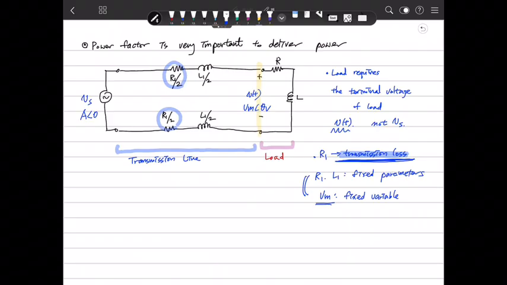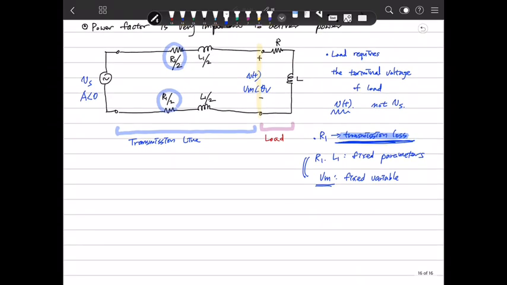If there is much other power, such as reactive power, because reactive power makes current, the current generates the transmission loss through this R1. So the power factor should be as high as possible, because a higher power factor minimizes the transmission loss.